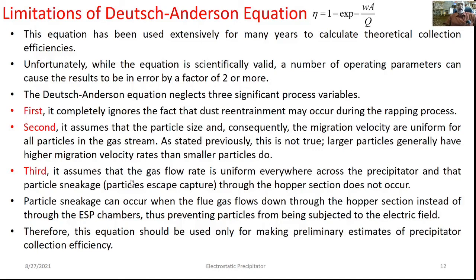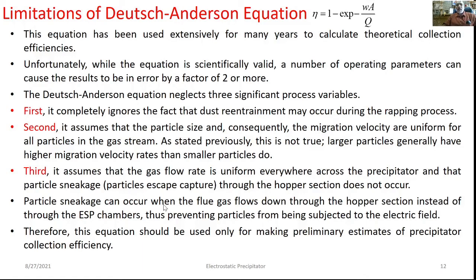Thirdly, it assumes that the gas flow rate is uniform everywhere across the precipitator, and that the escape of the particles from capture through the hopper section won't occur.